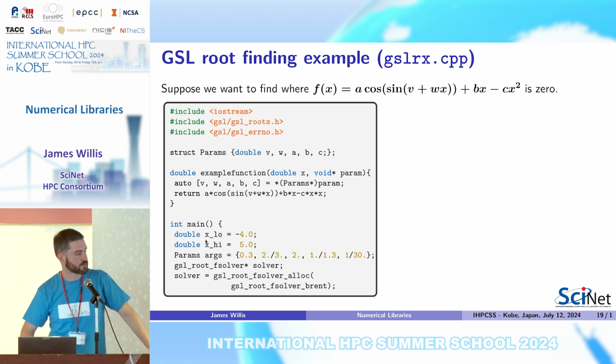And then what we'll do is we'll set a guess on the lower and upper limits of where we think the root is for x, and just give it a series of coefficient values. So we'll create our solver here with a pointer, and then we'll allocate a bit of memory for the function.